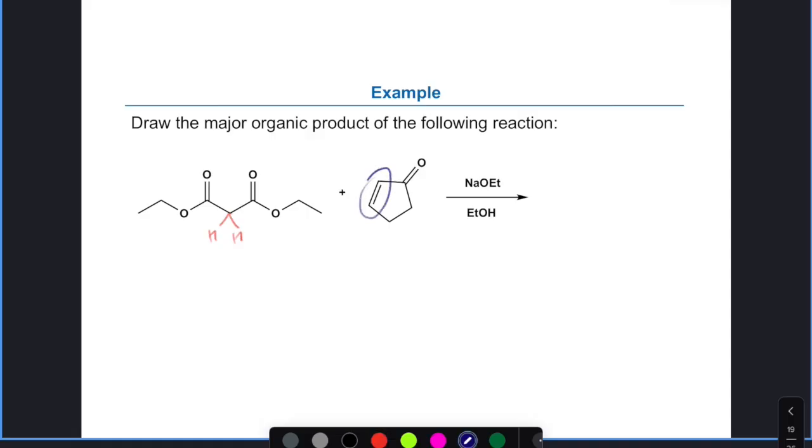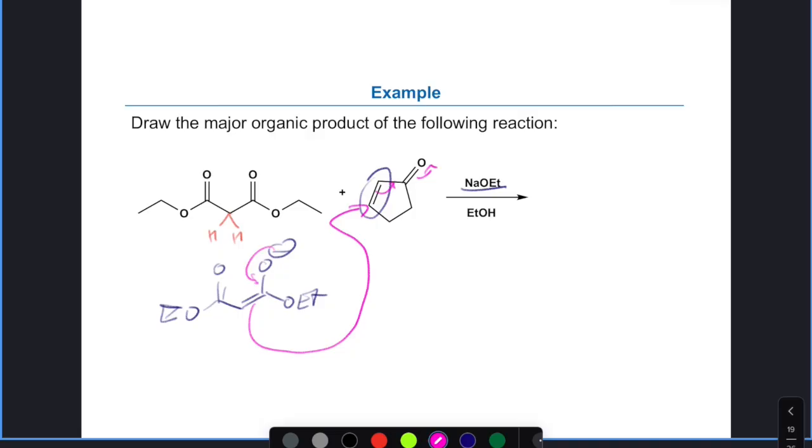We're doing it under conditions where we've got ethanol and sodium ethoxide. So we put this all together. That'll let us make, in the reaction mixture, our enolate, and that will add in a 1,4 fashion over here.